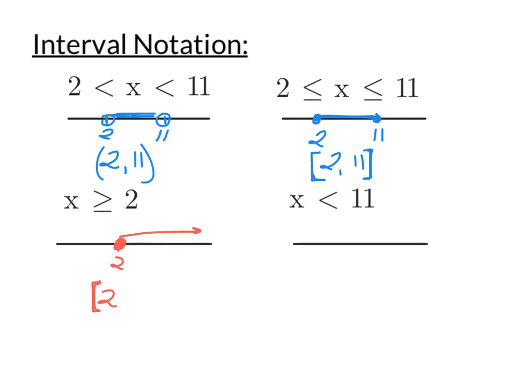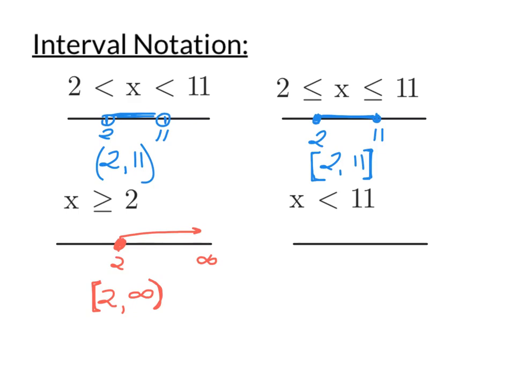Remember, with interval notation, we want to describe the beginning of the interval and the end of the interval, and this one doesn't end. So on a number line, what's furthest to the right? It's not an actual number, it's infinity. So our second thing in our interval notation would be infinity. And since you can't actually ever get to infinity, you can't equal infinity, so we use a parenthesis.